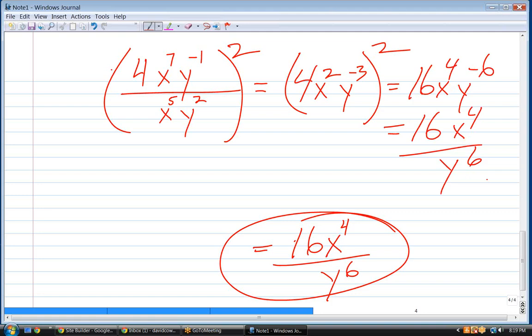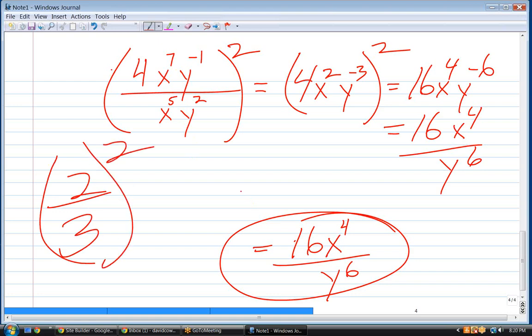So we can do this in any order we want. We can do the inside first, reducing it, and then square it, or we can just apply the square to the numerator and also to the denominator. In the same way that if I said square this, what's that squared?